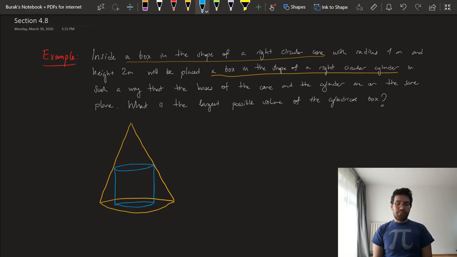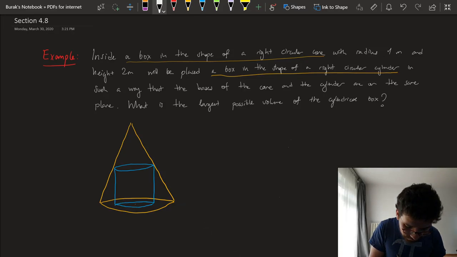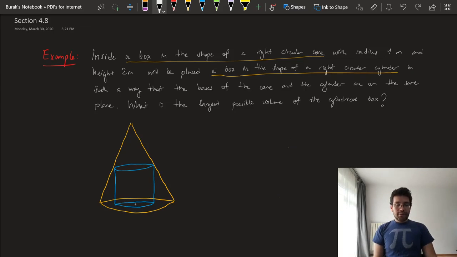How would you approach this problem? First of all, like in the picture I drew, I pretended as if the centers of the bases of these shapes are the same. Why did I do that? Because if you don't align the centers, if you just shift the cylinder, well, what you can do is pretend that you put a cylinder inside and the centers of the bases are not aligned.